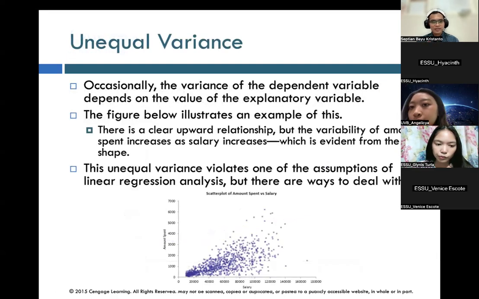How about this one? About scatter plots like this. Can we assume this is a linear pattern or a non-linear pattern? What do you think, Clinis? Is it linear?